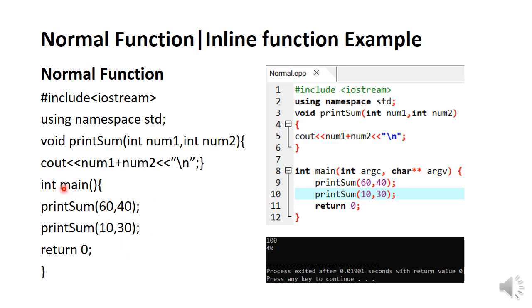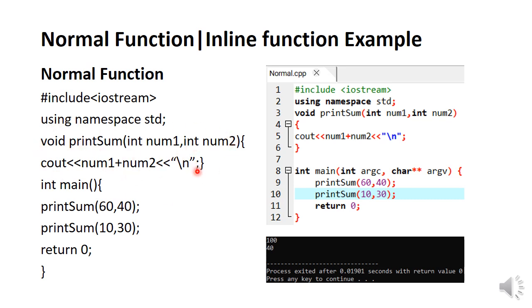So during execution of this program, in the calling function, the main function, once the compiler encounters the function call statement of the normal function, there is immediately a transfer of flow control to the function definition.